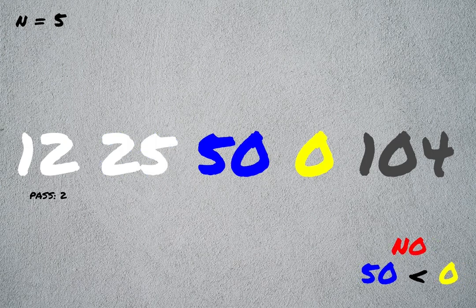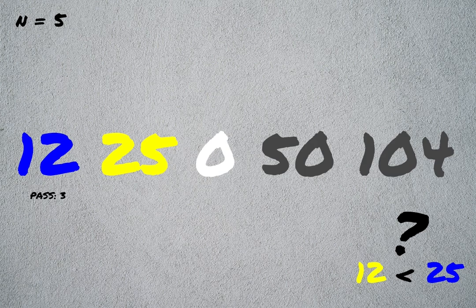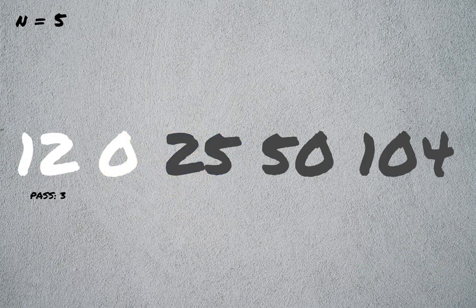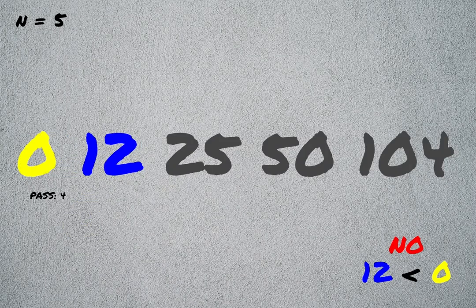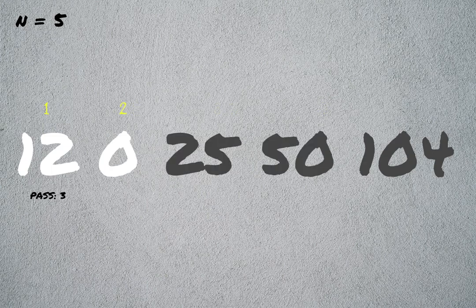After the second pass on this list, the fourth position will contain the second greatest value. After the third pass on this list, the third position will contain the third greatest value, and so on until the list is completely sorted. Notice the total values being compared is less each pass, as only the unsorted values are compared.